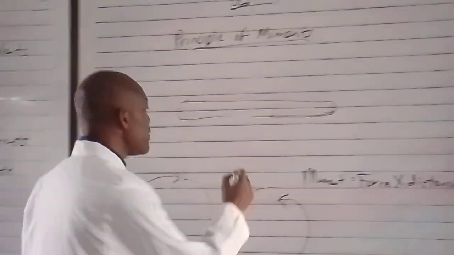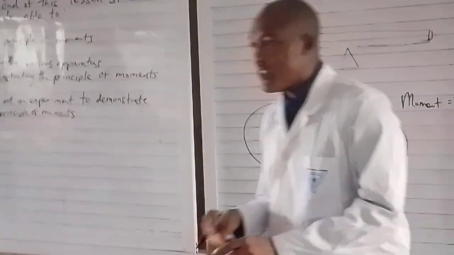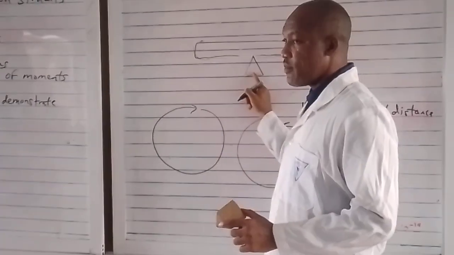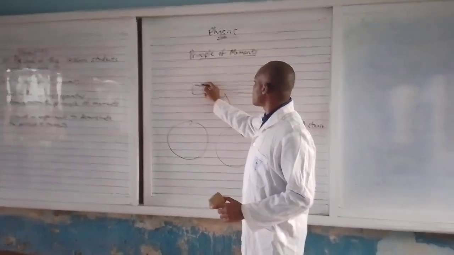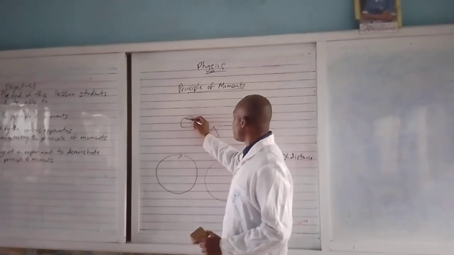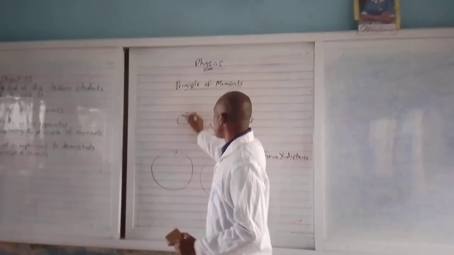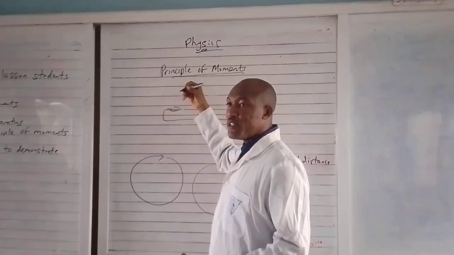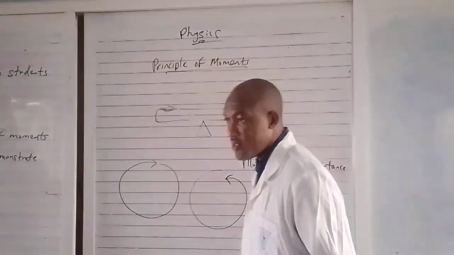Let's understand what the principle is saying. For instance, if I have my pivot, that's this one now, and I place it this way, and I have a ruler acting here, and I place a mass of 50 grams, the weight of the mass is always acting downwards.